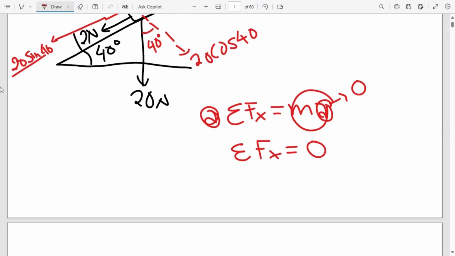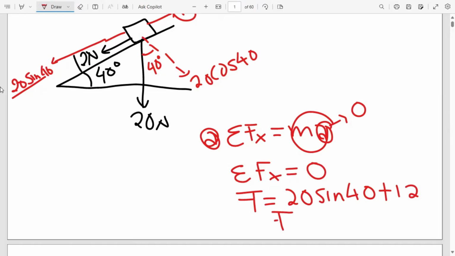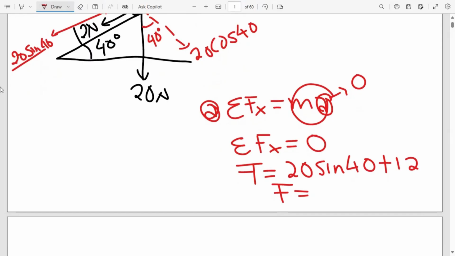And if this is what I have, what forces do I have? I have F, which is the positive force, and I have 20 sine 40 and 12, which oppose the direction of motion as negative forces. So F will be equal to 20 sine 40 plus 12. That means the force that is producing this motion is approximately 24.86 newtons.